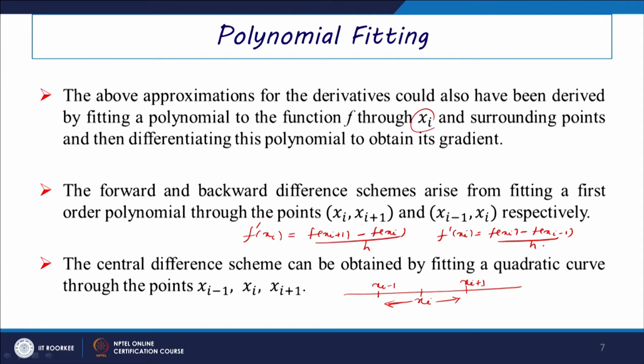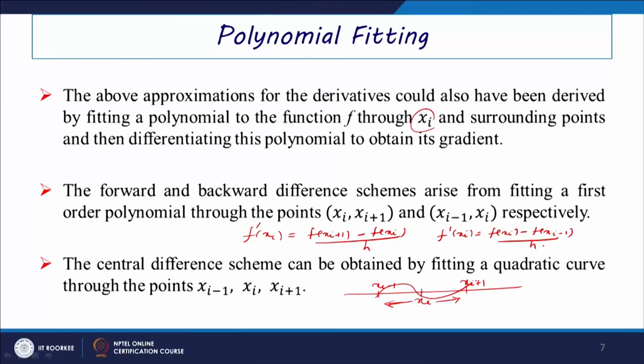Combining these 3 points in a functional form with finite difference operators generates a polynomial of degree 2, which is why we say we fit a quadratic curve through xi minus 1, xi and xi plus 1.